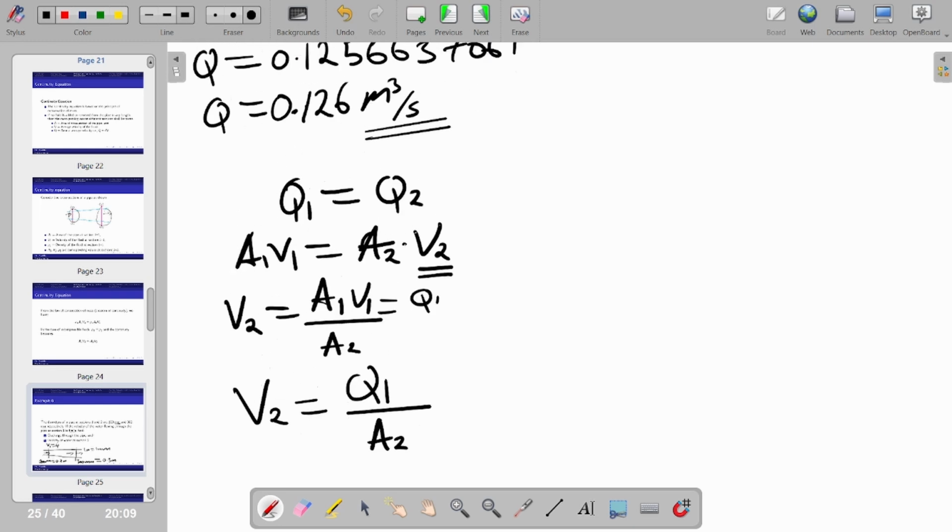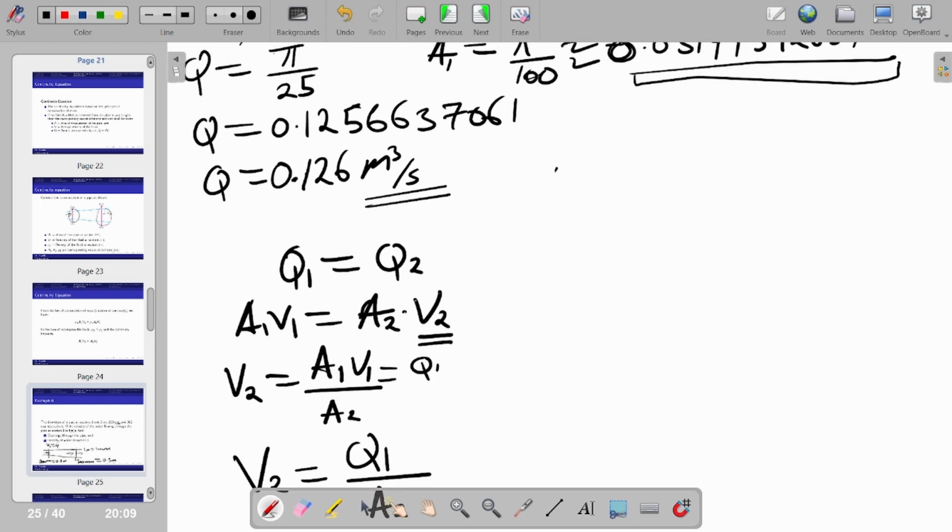Let's find the area at section 2. Remember, area is commonly written as pi r squared, but we will be writing pi d squared over 4, where d is the diameter at section 2.